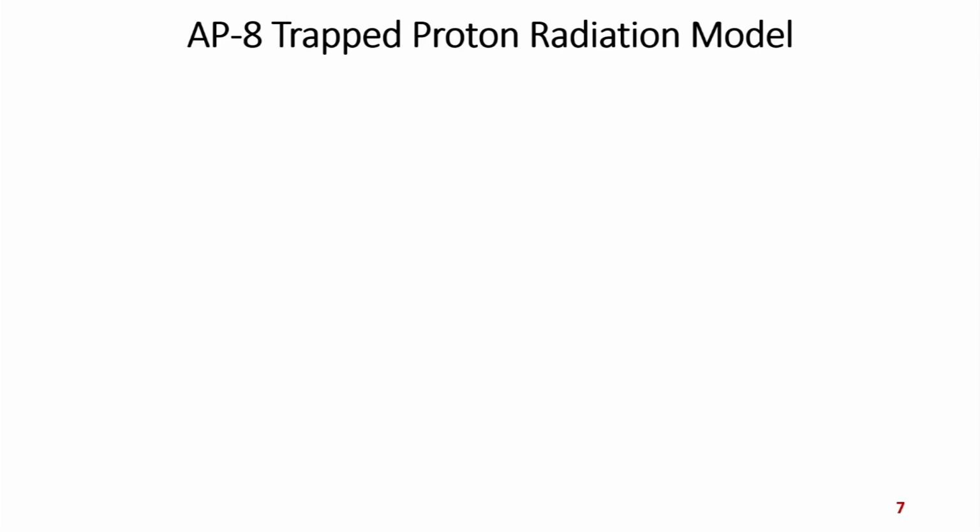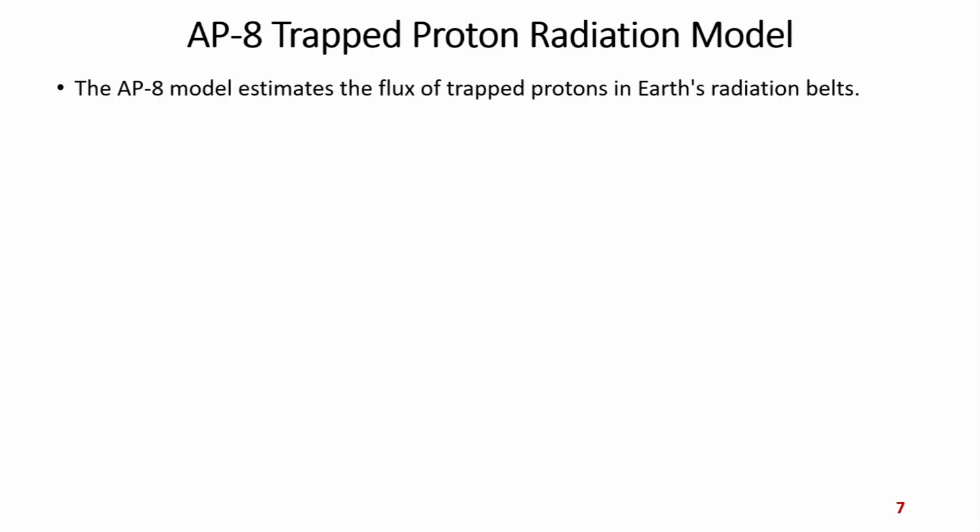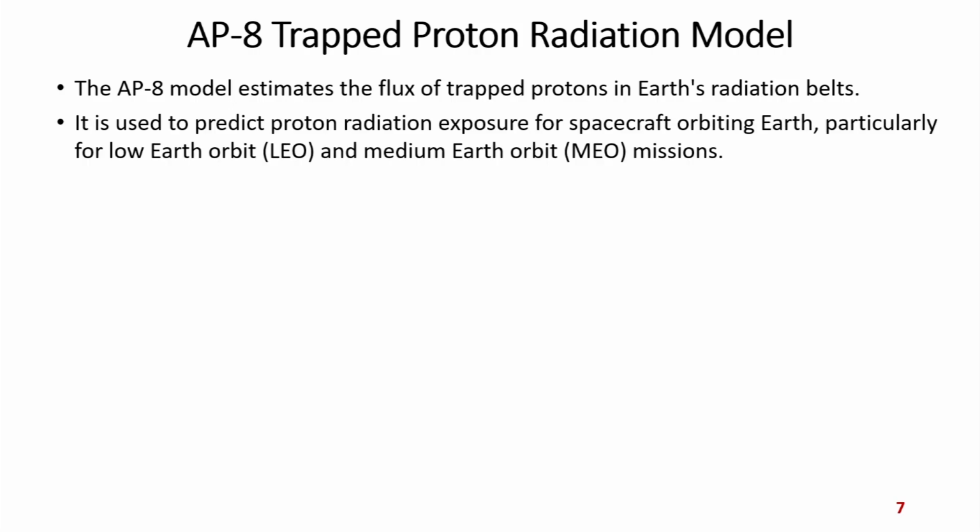Now, its counterpart is the AP8 trapped proton radiation model. Again P means proton. This model estimates the flux of trapped protons in the Earth's radiation belt. It is used to predict the proton radiation exposure for spacecraft orbiting the Earth, particularly for low Earth orbit and medium Earth orbit missions.